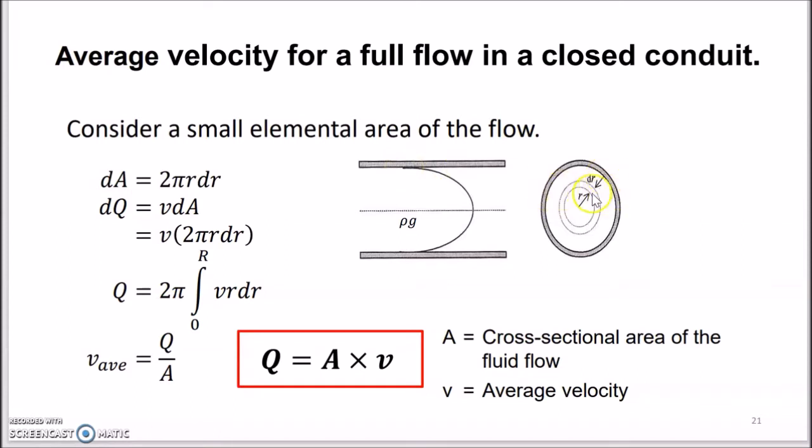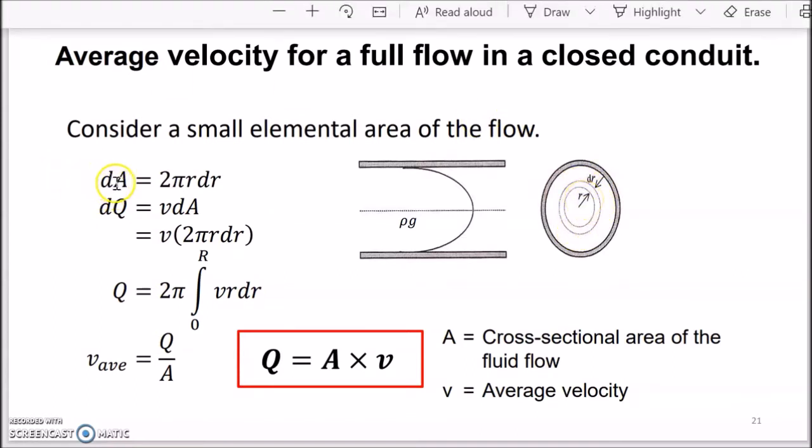So the radius of the pipe is R. Therefore, the area of the circle equals pi r square.